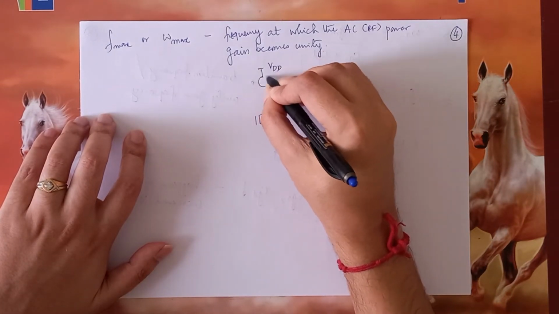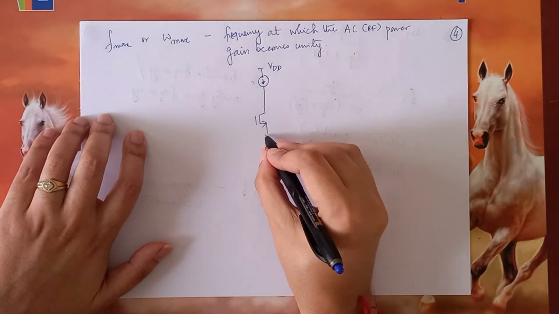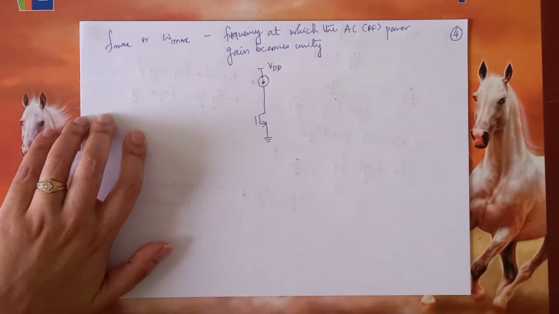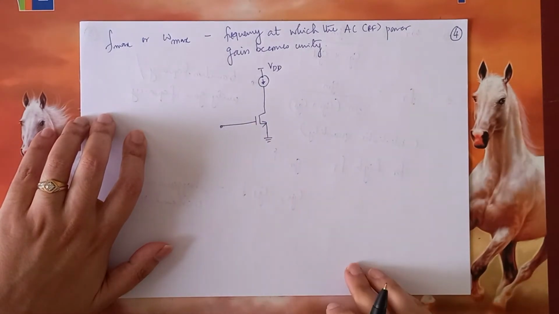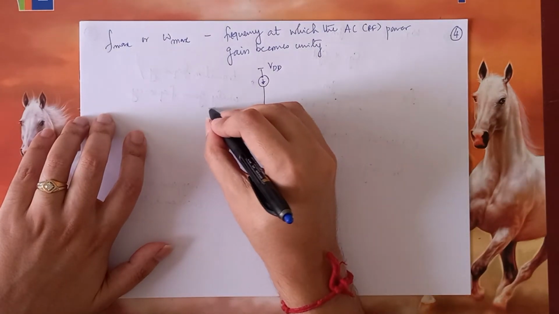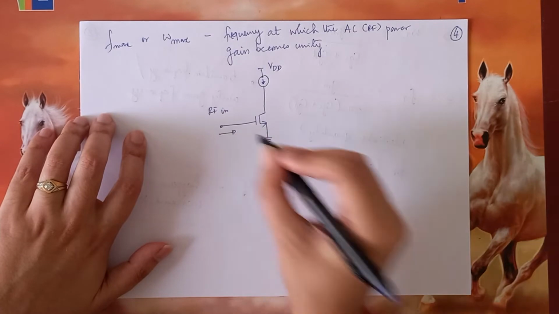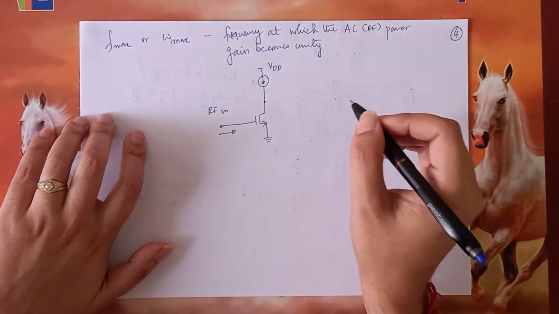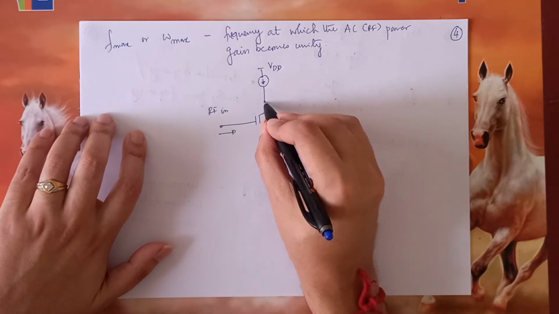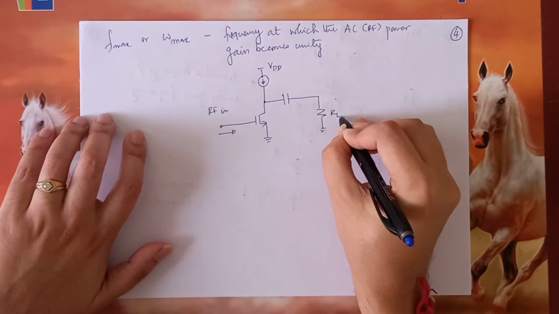I'm biasing it with the current source. And this side is connected to ground. And I'm giving some RF input over here of some power. And let us say I wanted to deliver this power to some load RL.